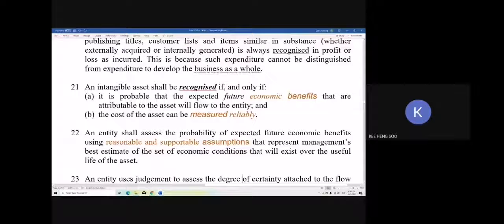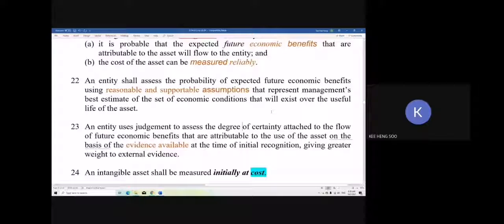And the entity uses judgment to assess the degree of certainty. You are quite sure, 90% sure, that this cash flow is coming in, but nobody can be 100% sure. I bought an asset, and based on the current environment I assume it can last for 10 years.